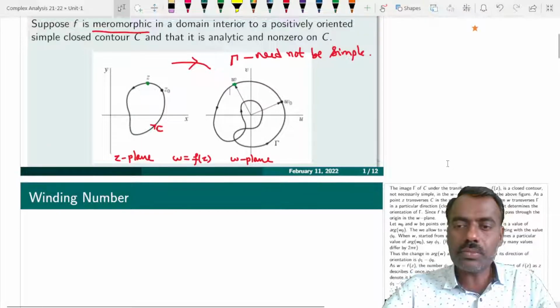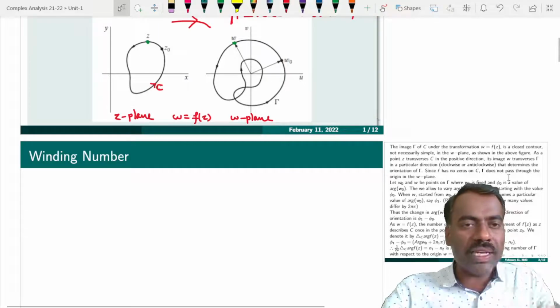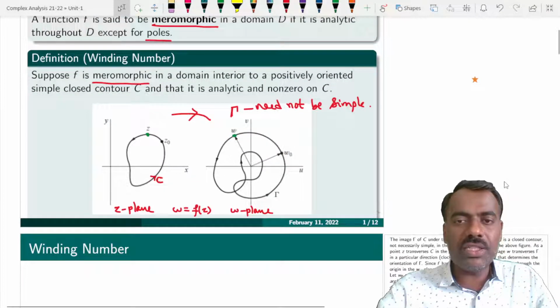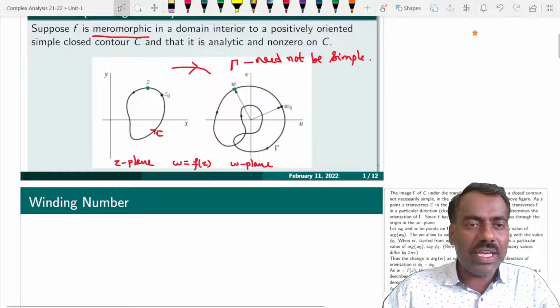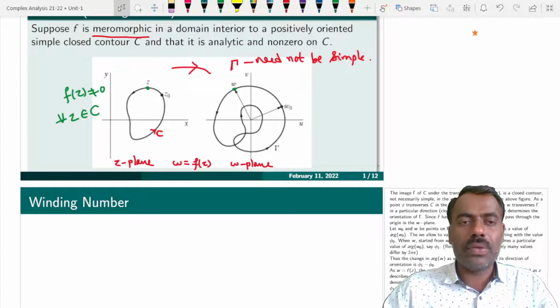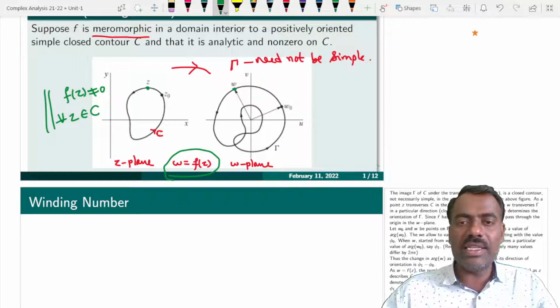One can observe that because f is analytic and non-zero on C, f of Z is not equal to 0 for all Z belonging to the curve C. Because f of Z is not equal to 0 and W is equal to f of Z, combining these two, W is not equal to 0.